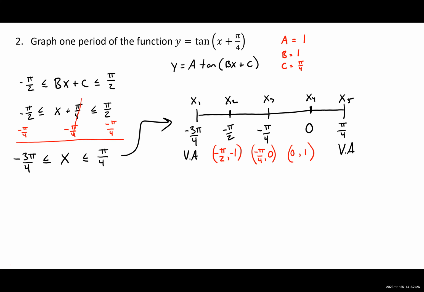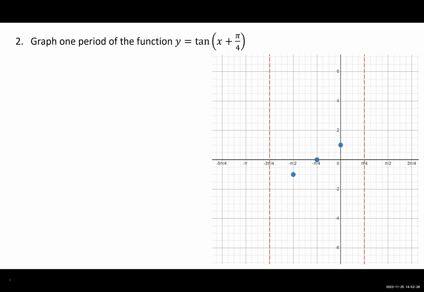So now I think we're ready to put this together. On the graph, we've got asymptote, asymptote, 3 points. And this is, again, negative pi over 2 comma negative 1, negative pi over 4 comma 0, and 0 comma positive 1.